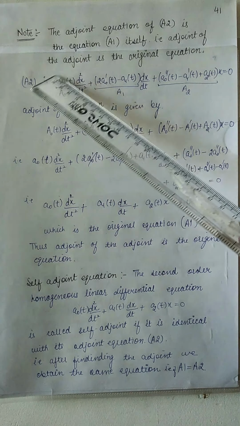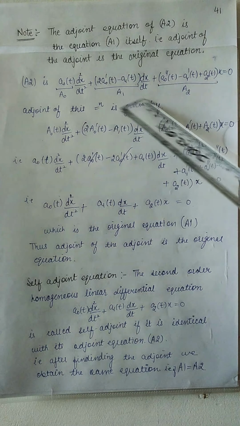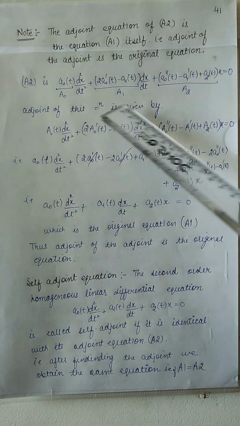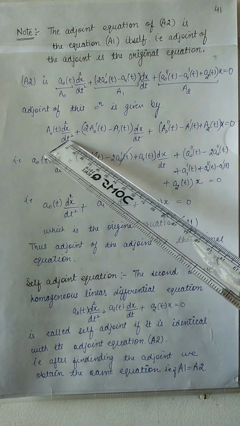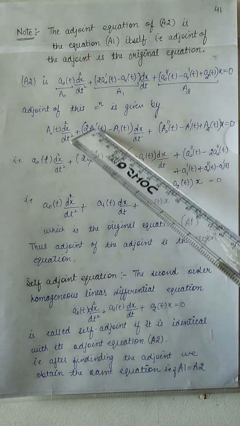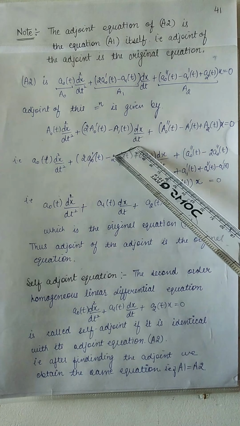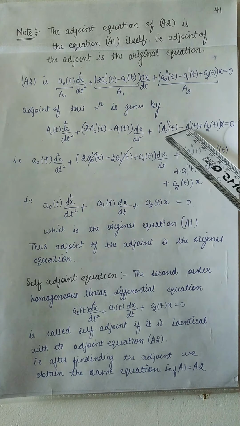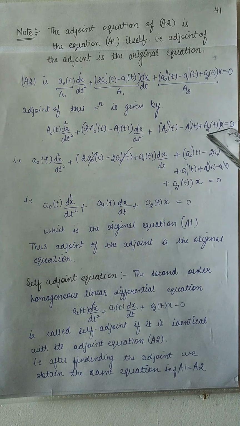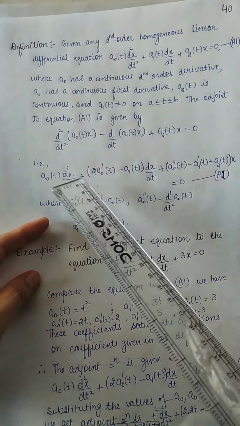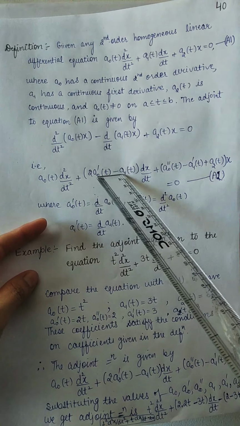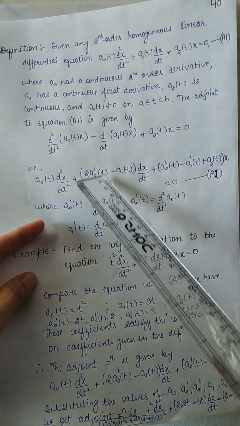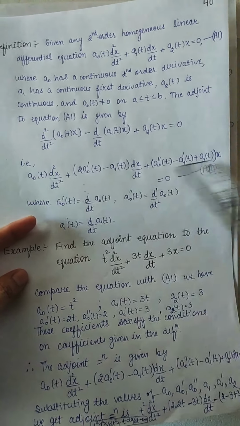Now if you want to find the adjoint of this equation, it is given by replacing small a0 by capital A0, small a1 by capital A1, small a2 by capital A2 and their respective derivatives in this equation.